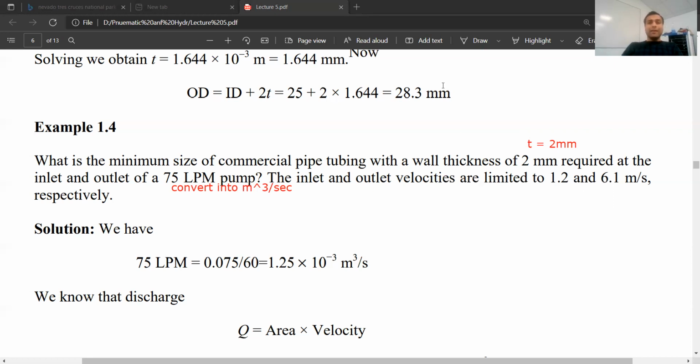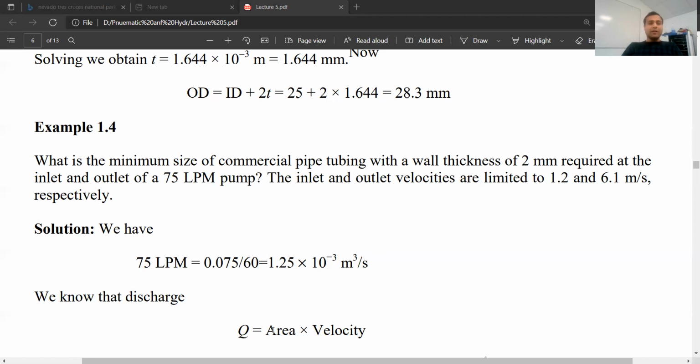Now, when you got that, you need to find out the flow rate, the discharge. The formula is area times the velocity. Now you have both velocities, 1.2 meters per second and 6.1 meters per second.